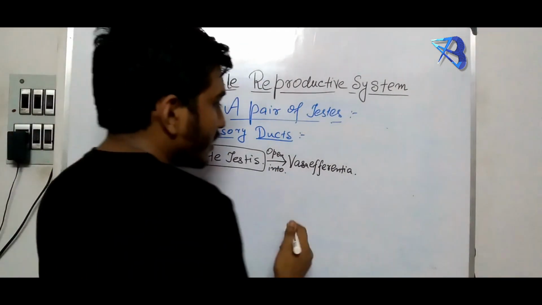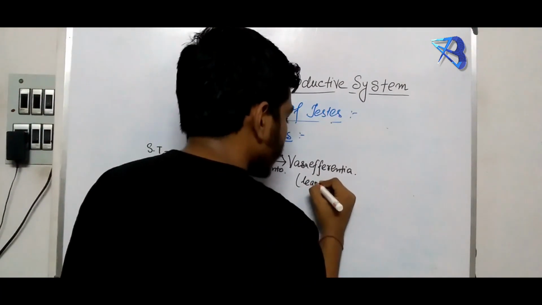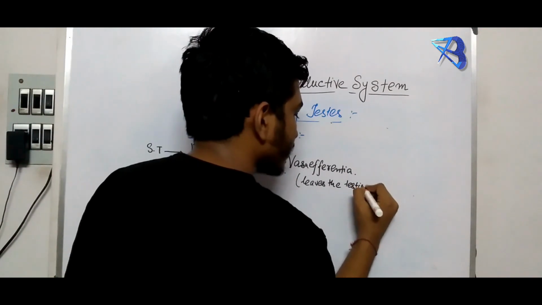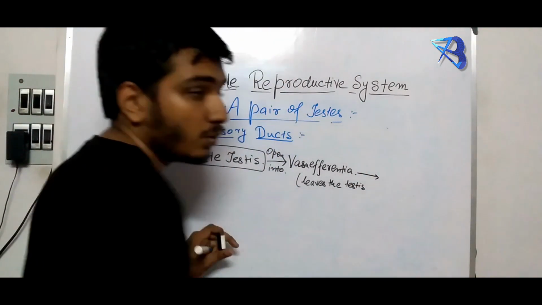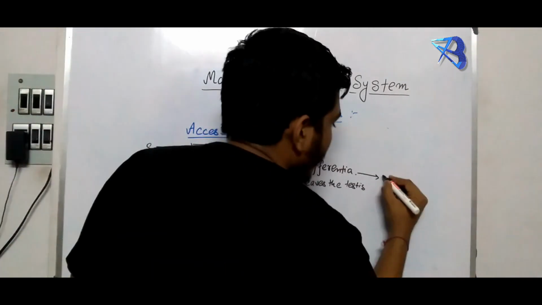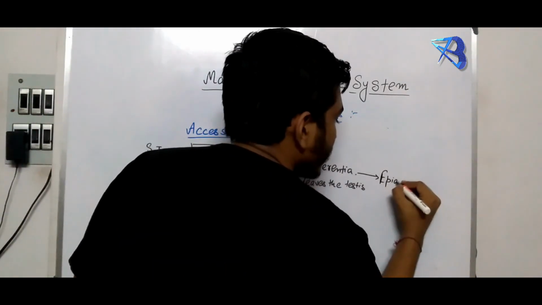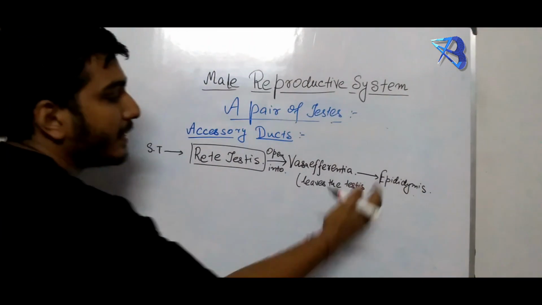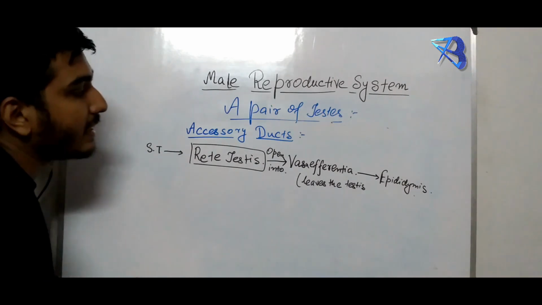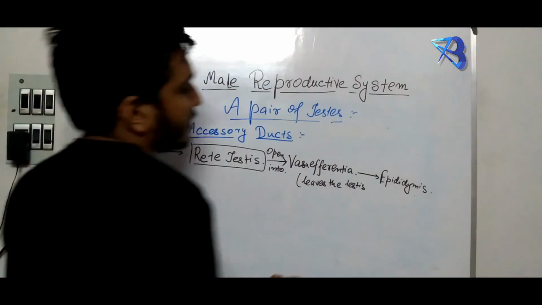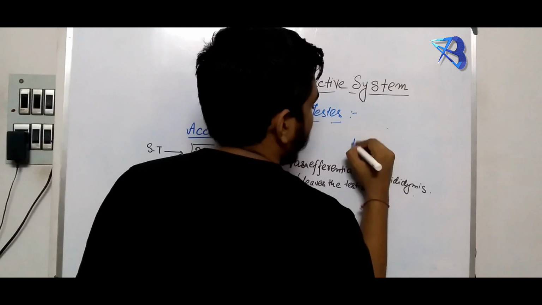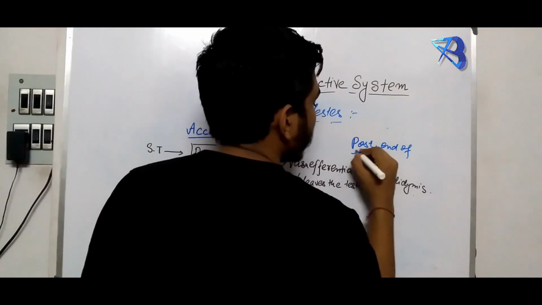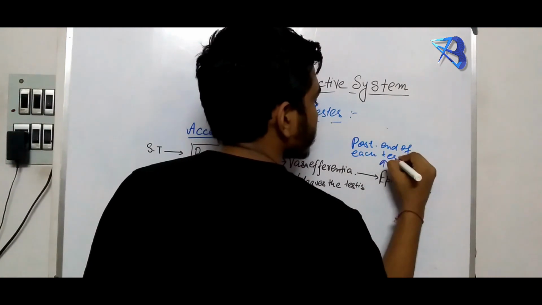Now the vasa efferentia leaves the testis, and it now opens into the epididymis. Where is this epididymis located? It is located at the posterior end of each testis.